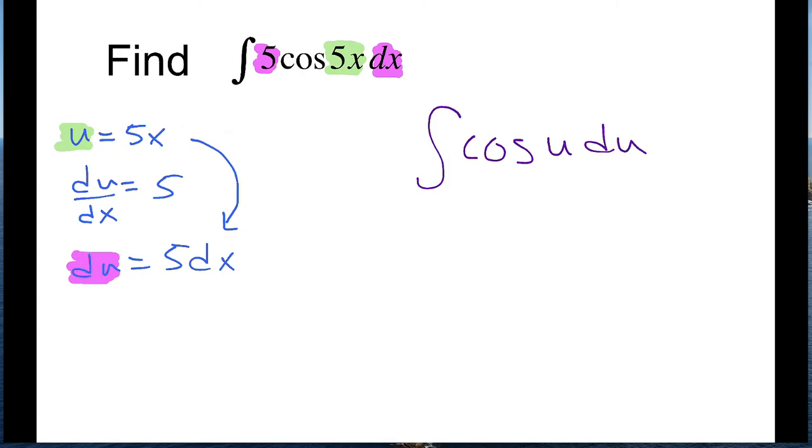And I want to write the du at the end because that closes the integral off. Don't write integral du cosine u. That's bad. Put the du at the end. It's the proper notation, and you won't really know what you're talking about if you do it the other way. It means something else. So if I have this, the integral of cosine is sine.